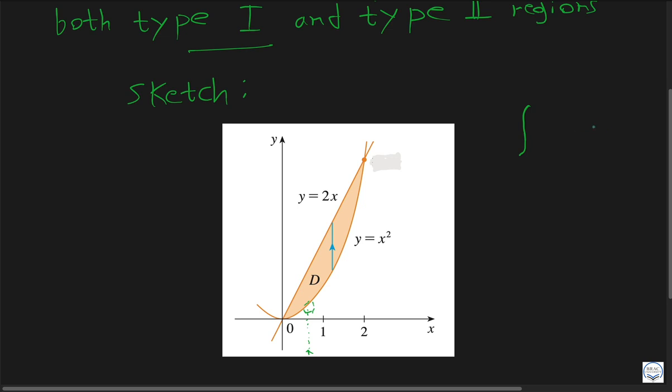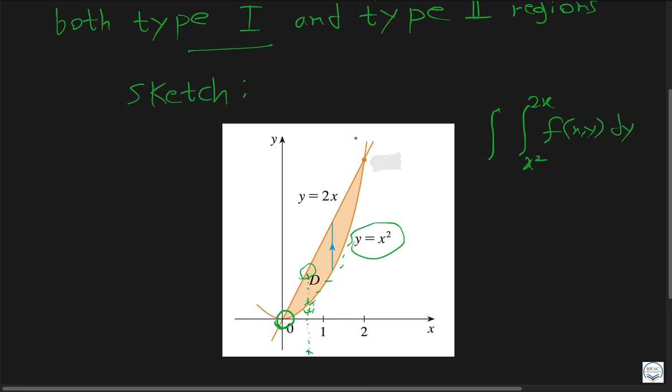The first curve we hit is our lower limit for y, as we're doing it in type 1. So the first curve it hits, which is actually this one, y equals x squared, will be our lower limit, and the second curve that it hits as we progress the arrow, which is the line y equals twice x, is our upper limit.